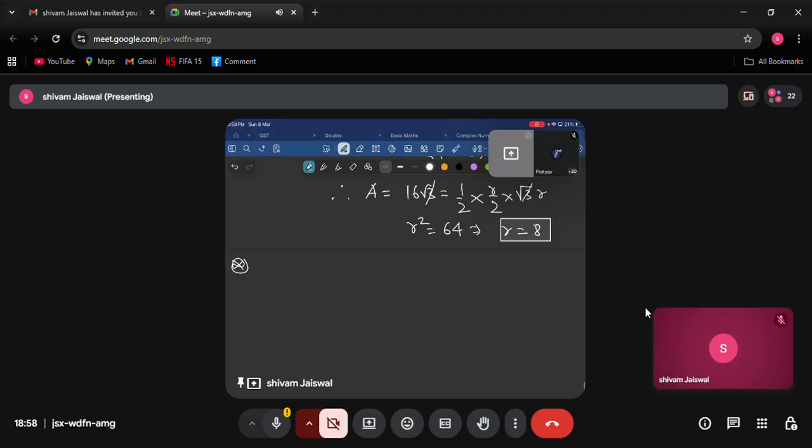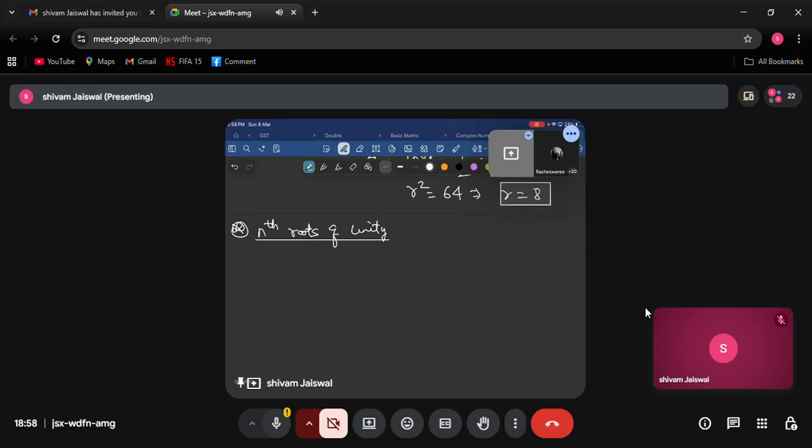Next. Yes, sir. Our next topic is nth roots of unity. If z to the power n minus 1 equals 0, this implies z is equal to 1 to the power 1 by n, which can be written as (cis 2k pi) whole to the power 1 by n.